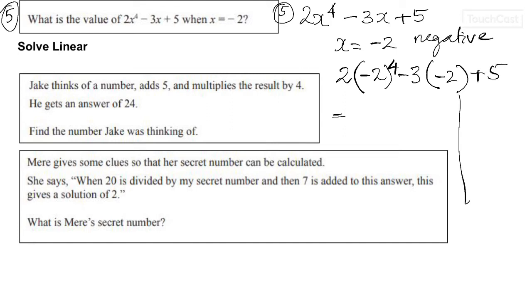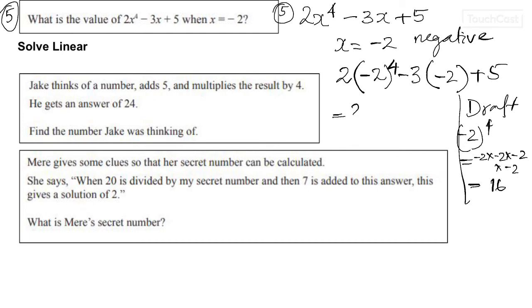Now, remember, I have been talking about the draft working. Negative 2 to the power 4 is what? Negative 2 times negative 2 times negative 2 times negative 2. So it will be positive 16. I'm sorry, 16.